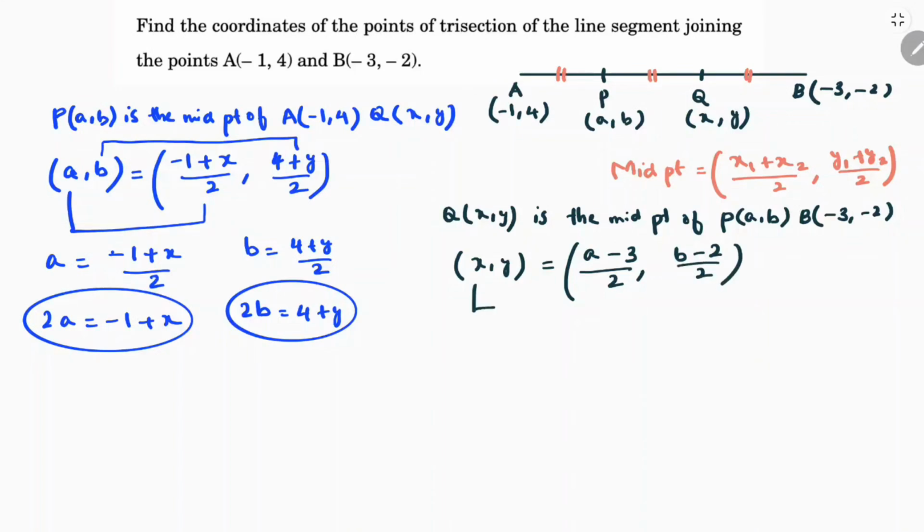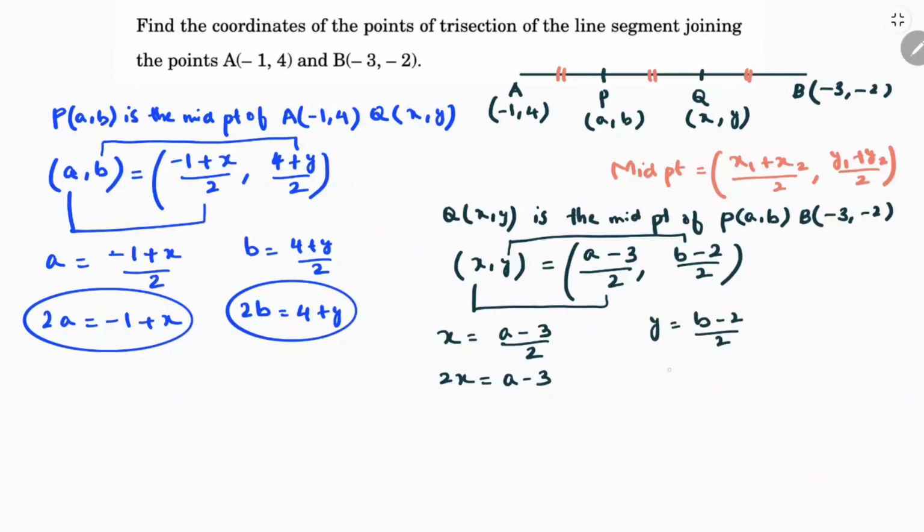Now again same thing, I'll equate abscissa with abscissa, ordinate with ordinate. So x equals (a minus 3) by 2, so 2x equals a minus 3. y equals (b minus 2) by 2, so 2y equals b minus 2.